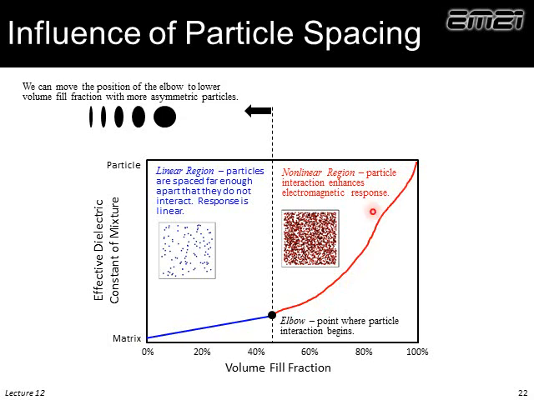The filler will dominate the electromagnetic properties now that there's this enhanced interaction. So I'm visualizing a mixture this way, where the particles are so close, they're interacting. And so if we want to dominate the electromagnetic properties, we tend to favor these higher fill fractions because there's increased interaction between the particles and an enhanced effect on the overall electromagnetic properties.